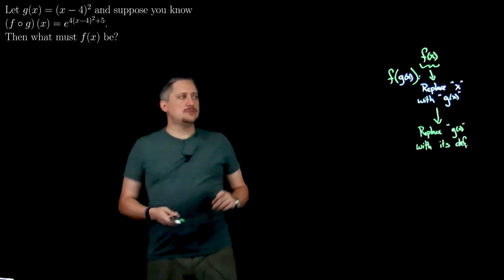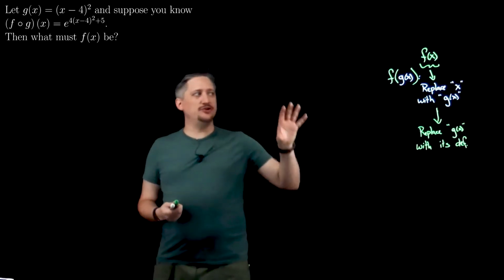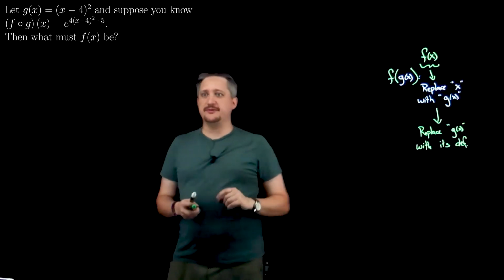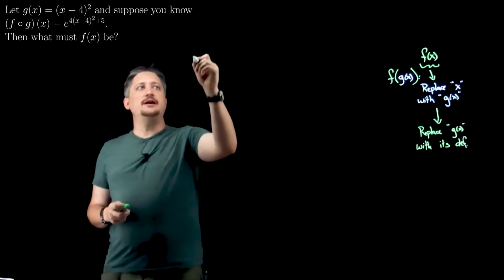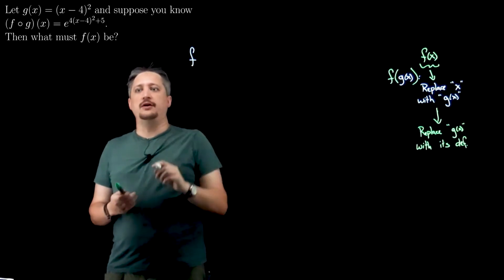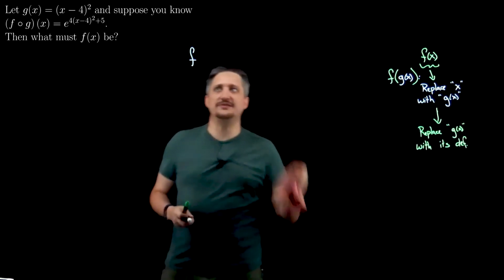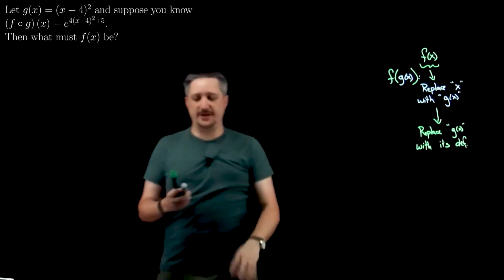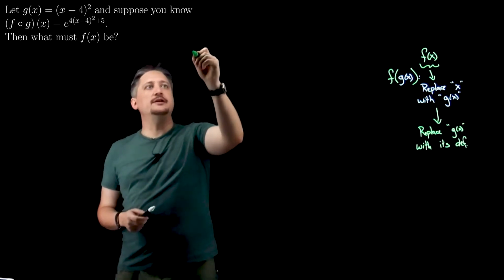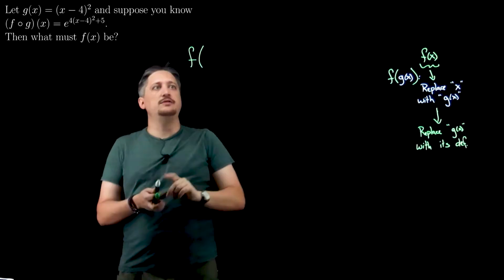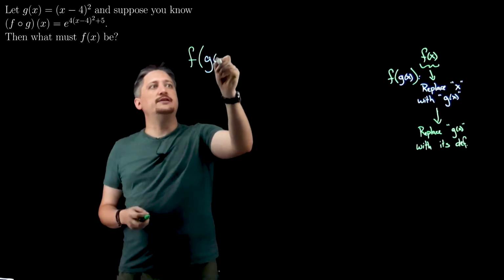Okay. So I mentioned this because we're going to do that same process, but backwards, right? So we're given f of g of x, and let me be consistent with what I wrote over there, just for everybody's sanity.